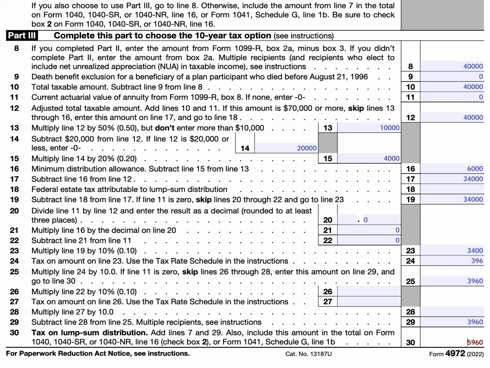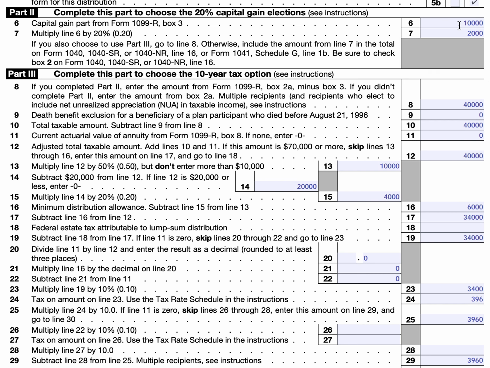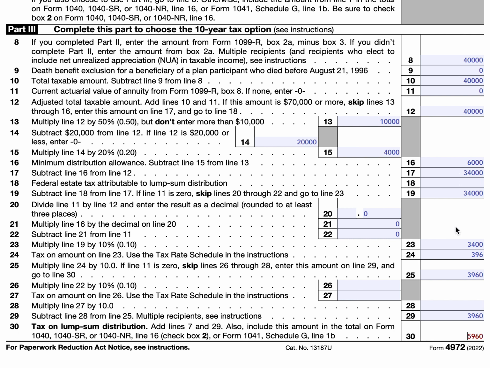And we'll enter this $39.60 on line 29, which we'll add to the line 7 number with the $2,000 capital gains to arrive at $59.60. So you'll include this amount in line 16 of your 1040. Remember to check box 2, or if you're filing Form 1041, it'll be in Schedule G, line 1B.